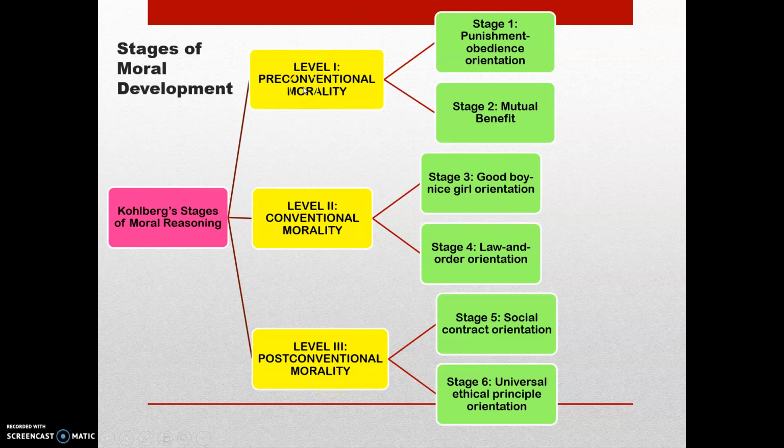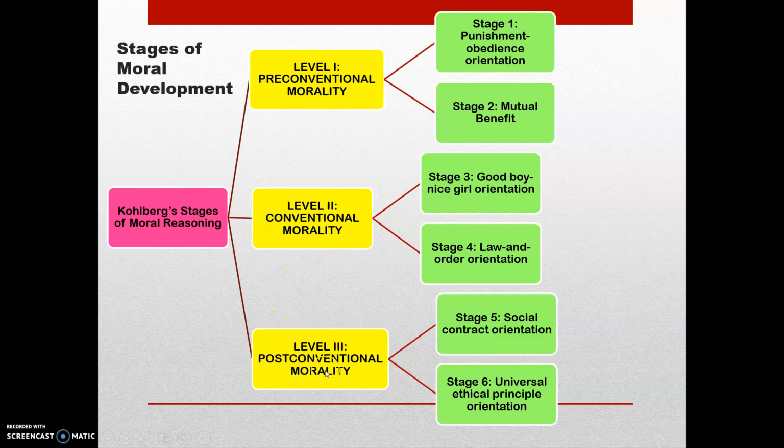Please take note that each level has two stages. For the first level, the pre-conventional morality, we have stage 1, which is the punishment obedience orientation, and the second stage is the mutual benefit. For the second level, the conventional morality, it involves stage 3, the good boy nice girl orientation, and stage 4 is the law and order orientation.